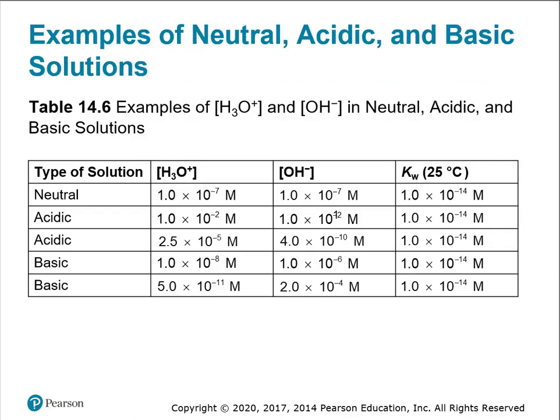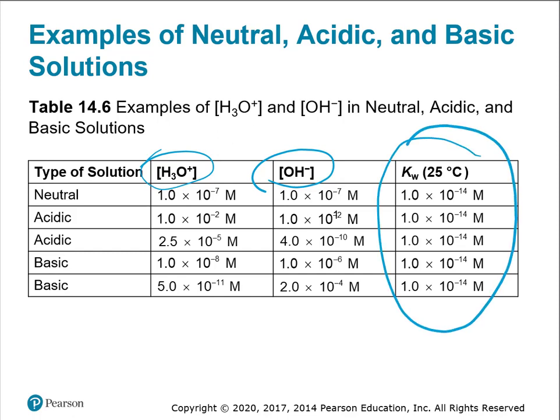Here are just some examples of hydronium ion concentrations and hydroxide ion concentrations. Make sure and notice that the Kw for all of them is 1 times 10 to the negative 14. This times that is always going to be equal to our 1 times 10 to the negative 14, our water constant. Again, neutral, these are both going to be equal.